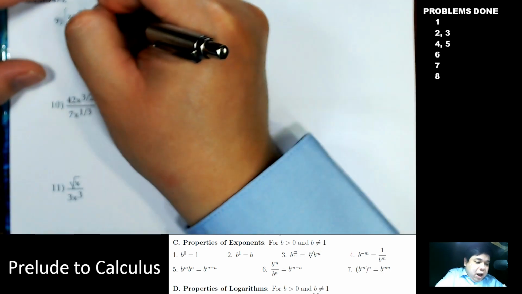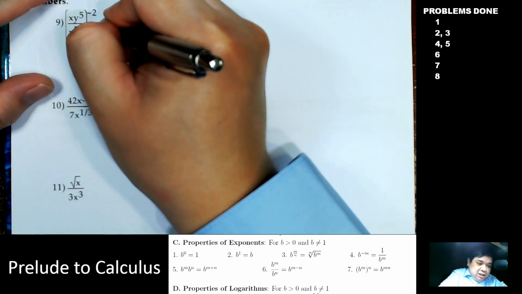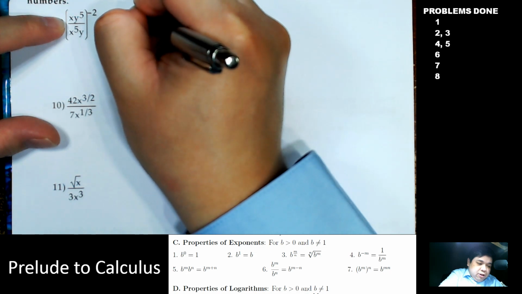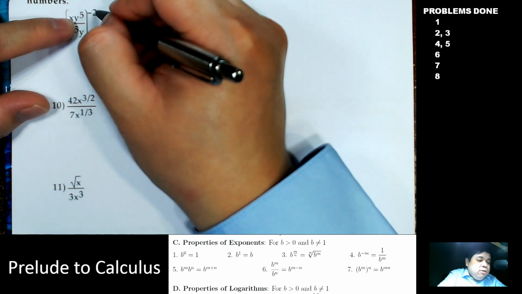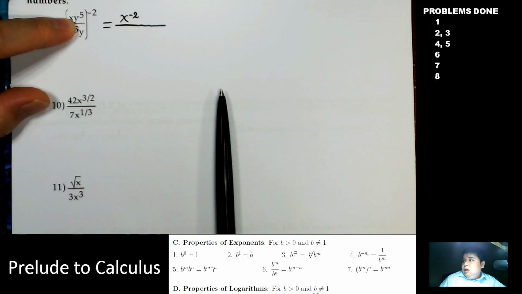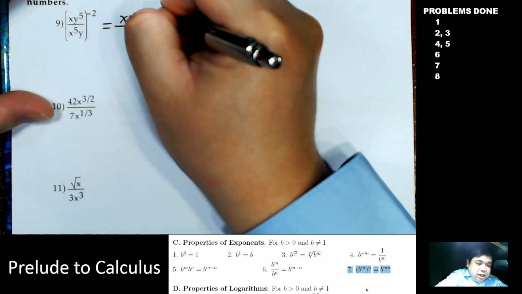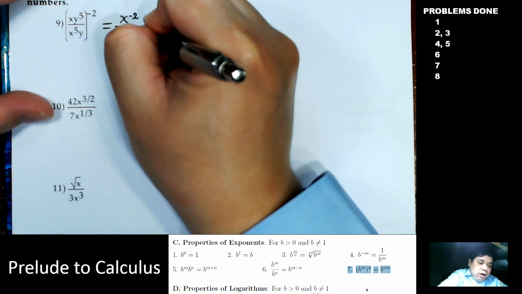So first we have the power goes to this, which means the power will go to everything. So x to the negative 2, y to the 5th to the negative 2, a power to another power. Will be that. So 5 times negative 2, we multiply those, we have negative 10. And we have x to the 5th, and then y.